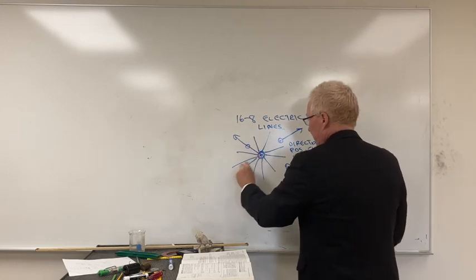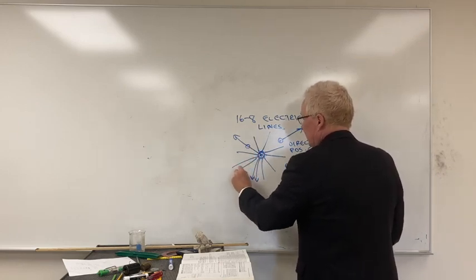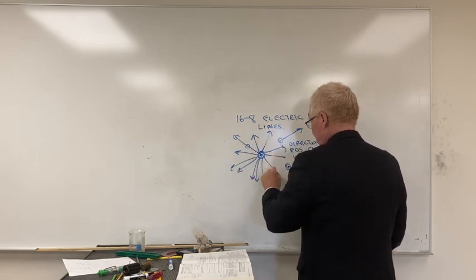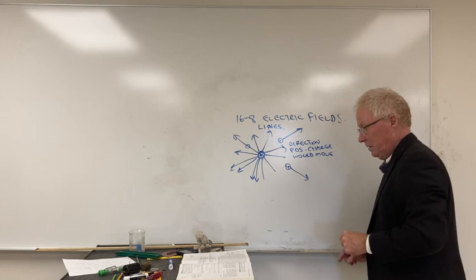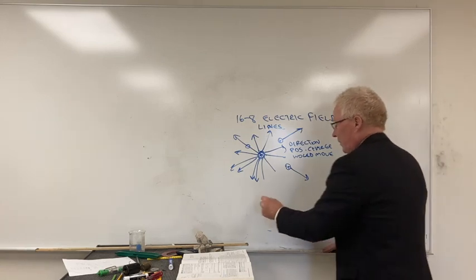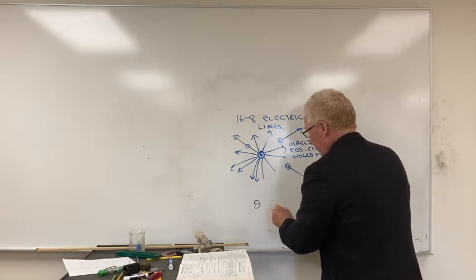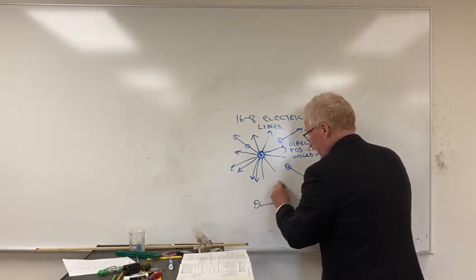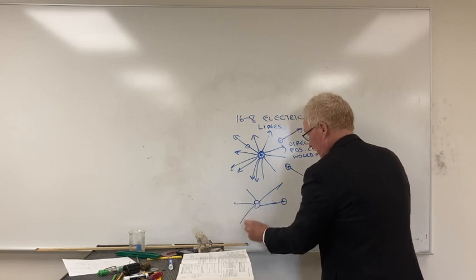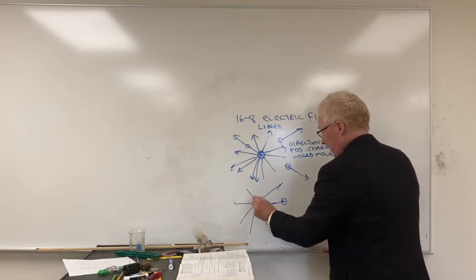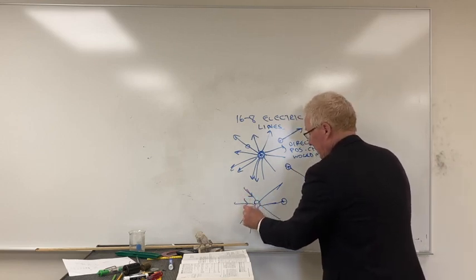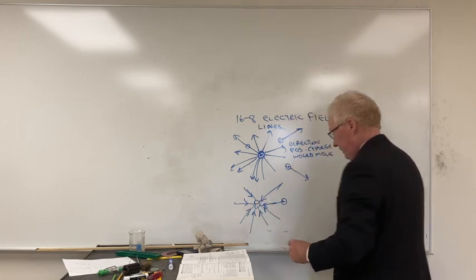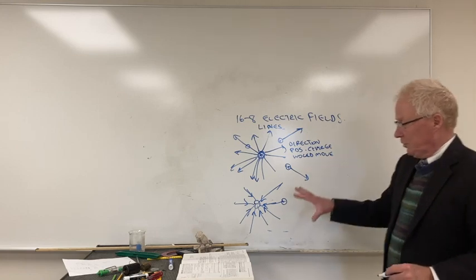So it would go like this, and you'd have lines going out indicating that a positive charge placed anywhere here would go straight out. Now if we have a negative charge in the middle, then a positive charge would be pulled in. So for a negative charge, we have exactly the same kind of lines, except in this case, the arrows are pointing inwards. Okay? So those are the electric field lines.